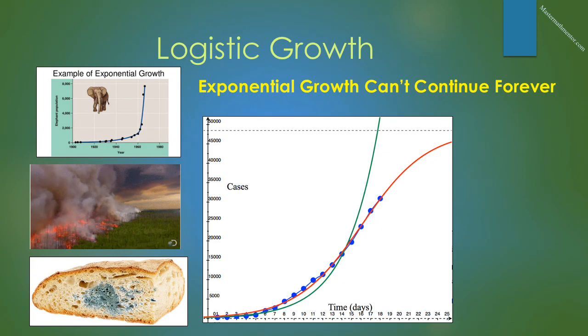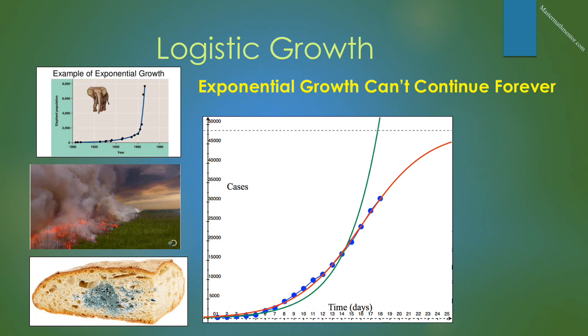The graph on the screen shows the growth of COVID-19 in the early days in mainland China. The blue dots represent time versus the number of cases. It appeared that COVID was spreading at an exponential rate. However, it is impossible for it to spread at that rate forever.